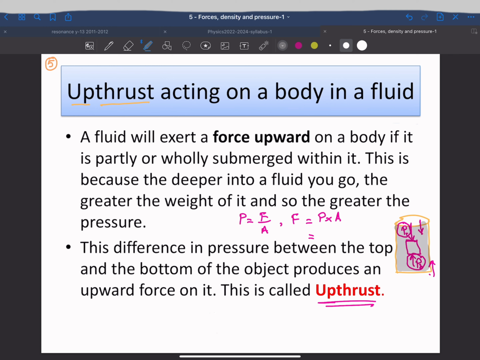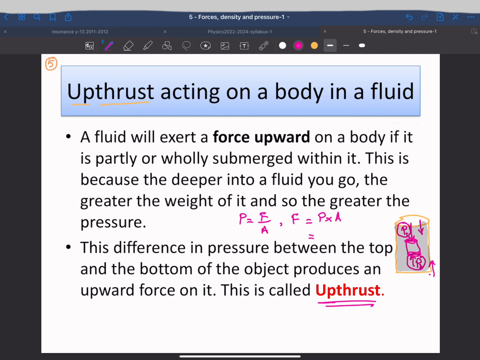Again you will have the same thing: upward pressure and downward pressure, and with the area, this area multiplied by these pressures will give us forces. The difference of these two forces gives the resultant force in the upward direction, which is simply the upthrust.